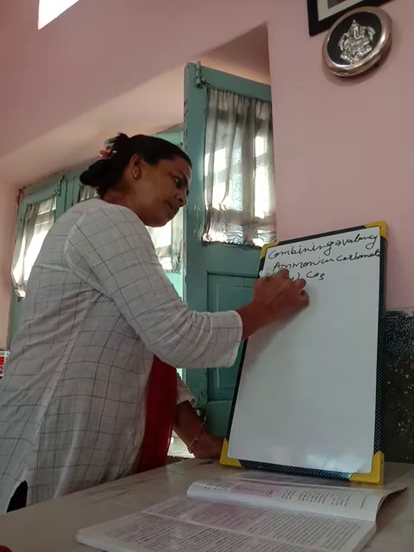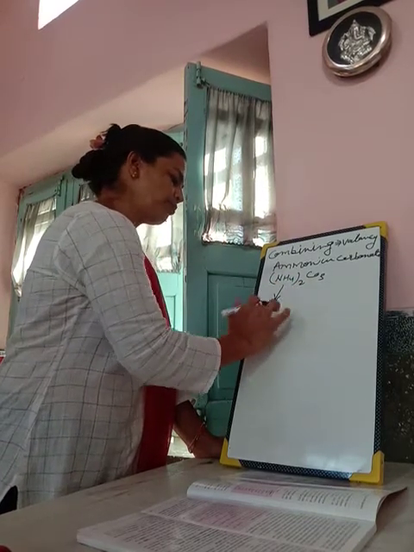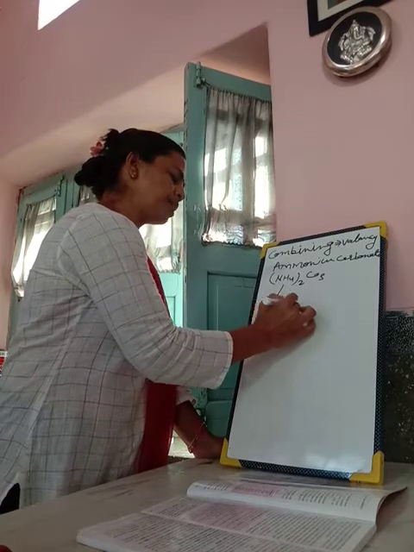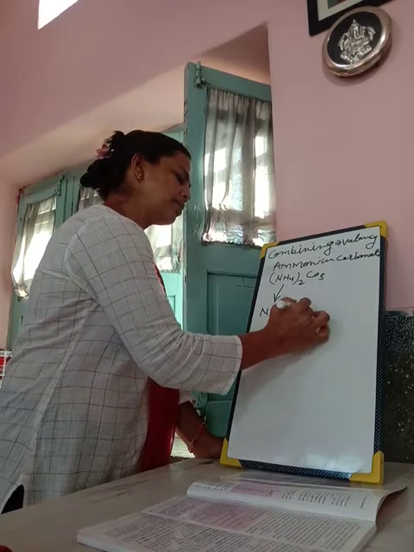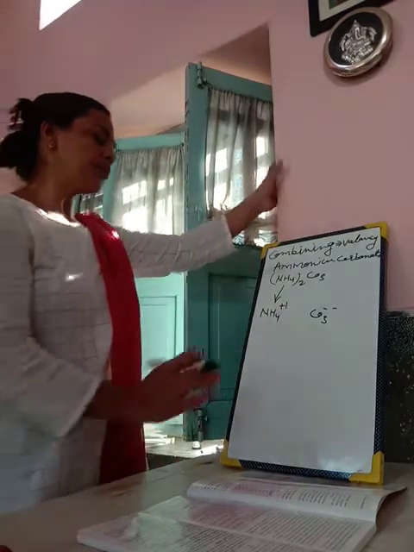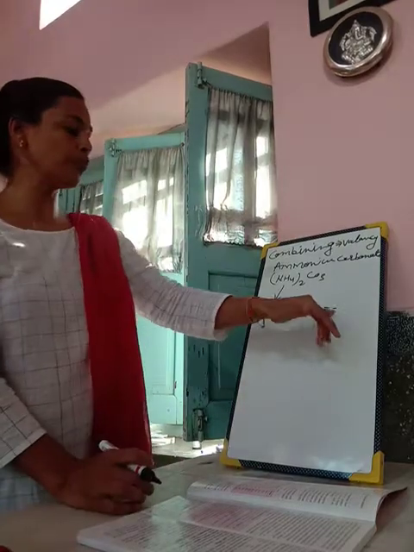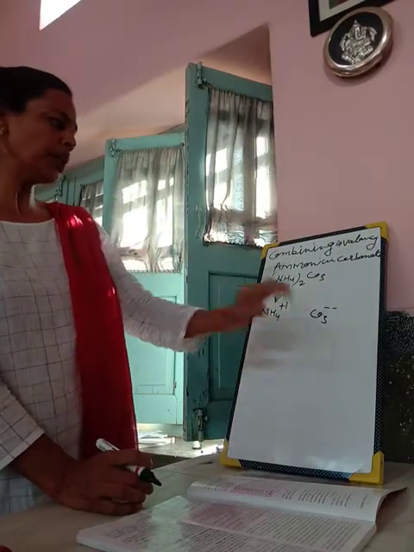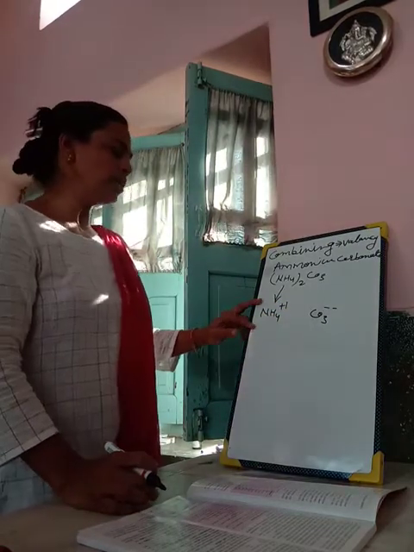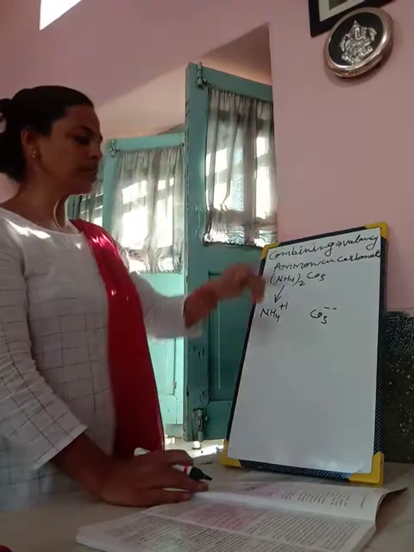Now it splits into NH4 plus ion and CO3 minus ion. The valency of carbonate is 2 minus. It means it combines with two atoms of ammonium to complete its valency.